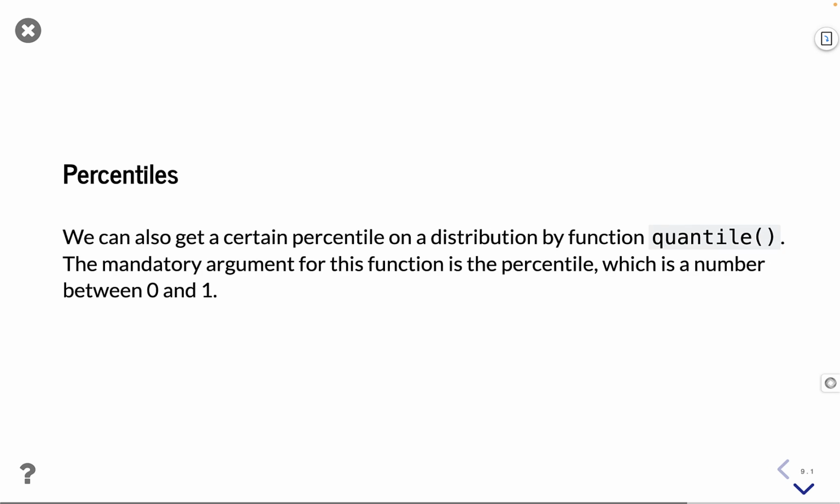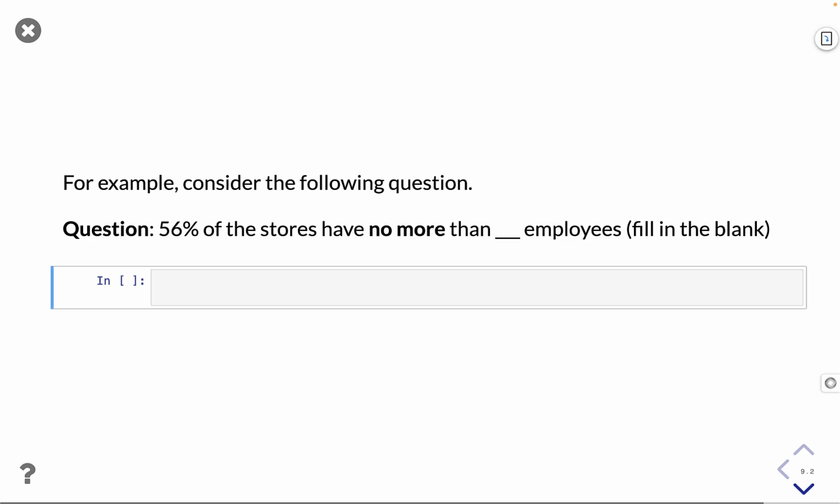Also, we can do percentiles, and this is doable through a function called quantile. Right? Quantile, percentile, those are similar terms. Let's take a look at how we can do this. This time, let's again focus on the employee column. So we're going to do stores, selecting the column of employees.